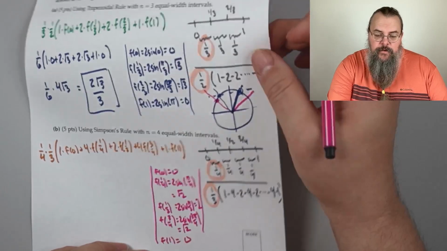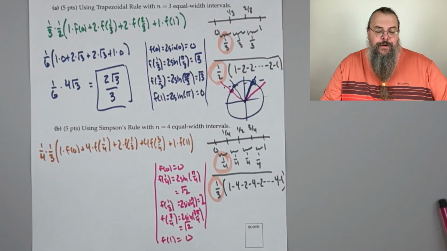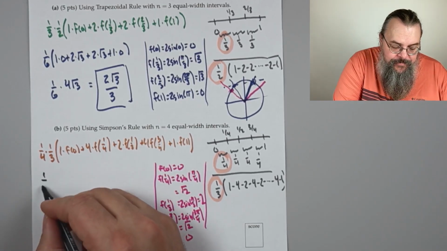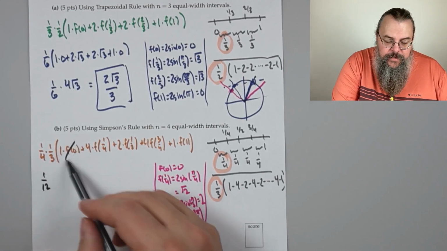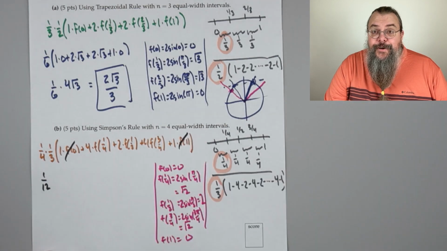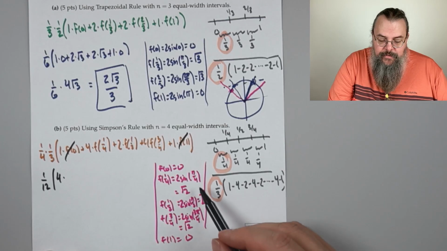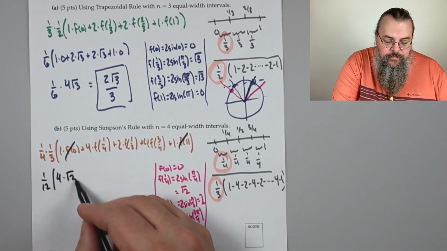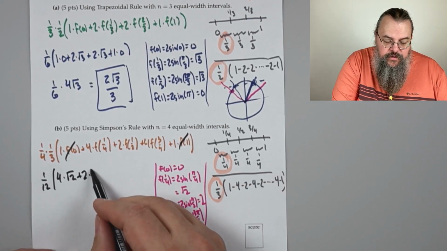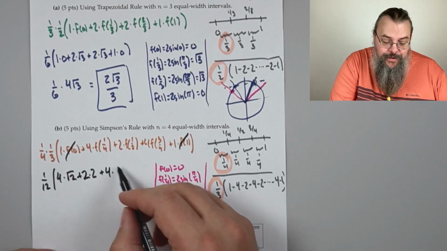Putting it together, we have our 1/12 in front. We know that f of 0 and f of 1 are gone, because they're 0. That leaves us with 4 times f of 1/4, which is root 2, plus 2 times our f of 1/2, which is 2, plus 4 times our f of 3/4, which is root 2.